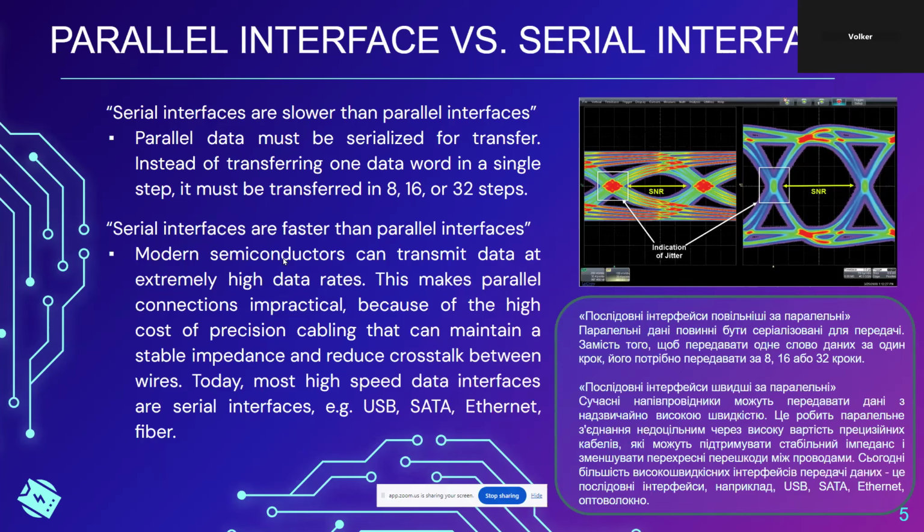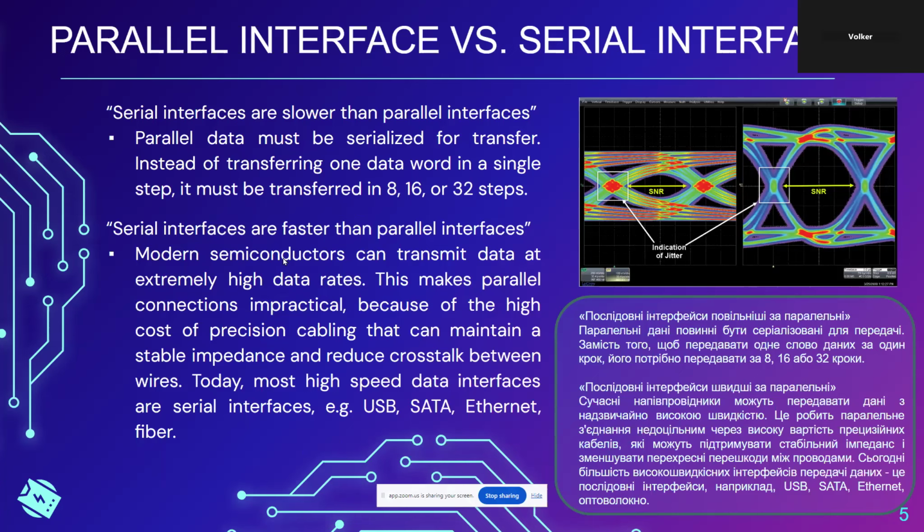Serial interfaces are faster than parallel interfaces. At some point in time, the possible data rates became so high that having cabling capable of sustaining these data rates in parallel connections was just not practical anymore.